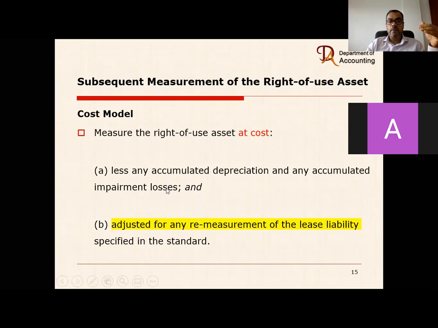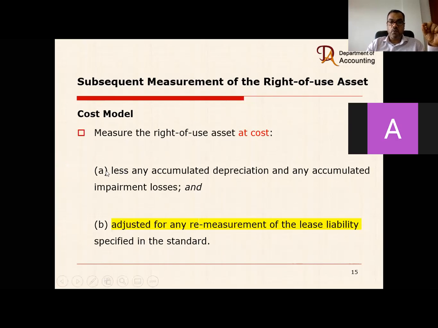The second item is a little bit exceptional because everyone knows about depreciation, but impairment losses will not frequently come. Because of that, we need to be very careful. We need to test the right of use asset every time to check whether there is an impairment loss. Then adjusted for any remeasurement of the lease liability specified in the standard.